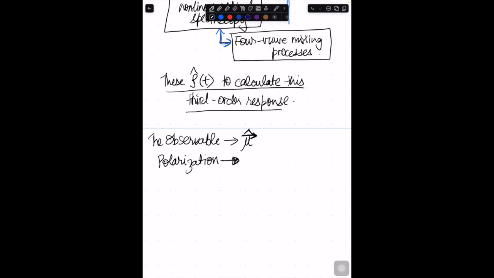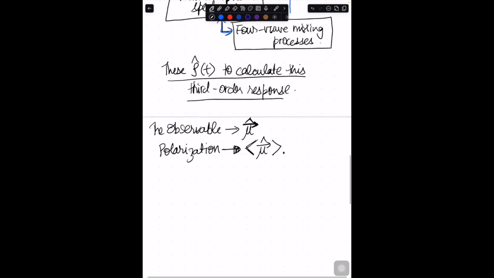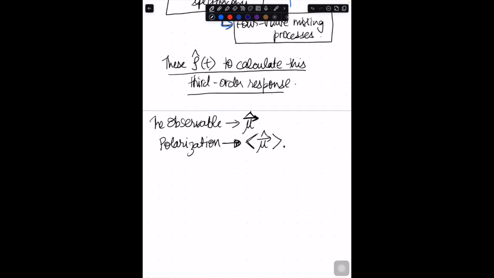So this polarization is given by the expectation value of the dipole operator. So this is what you want to calculate. And for a mixed quantum system, using the density operator would be the easiest way to calculate these polarization signals.